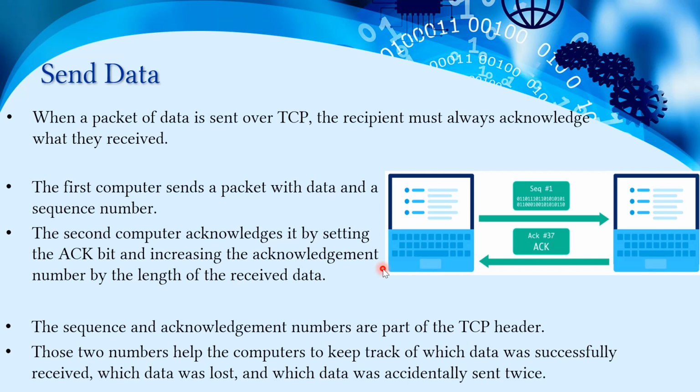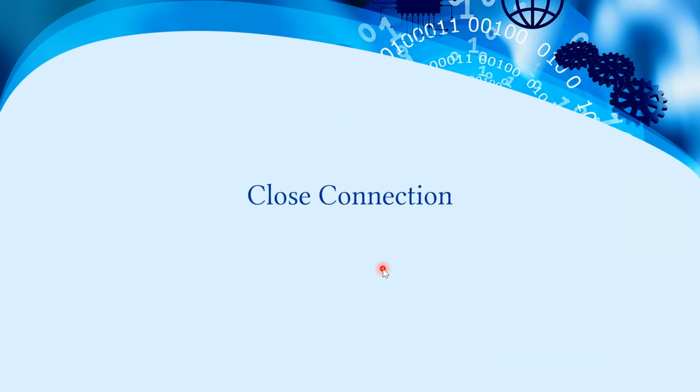Those two numbers help the computer keep track of which data was successfully received, which data was lost, and which data was accidentally sent twice. Based on the ACK and the sequence number, the data is received and rearranged to its original position, through which the data transfer becomes successful.